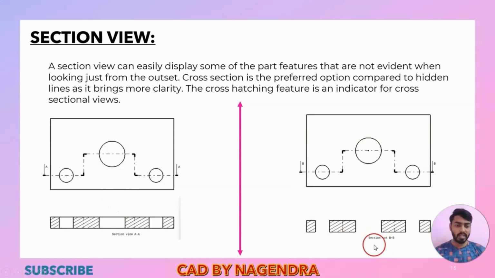But if you go with section cut, only the cut section of material should be present, and wherever removal of material is present, it won't show hidden lines or backside lines. So in section cut, where material is cut, only that shape we are able to see here. So that is the difference between section view and section cut. Then let's go for the new slide.